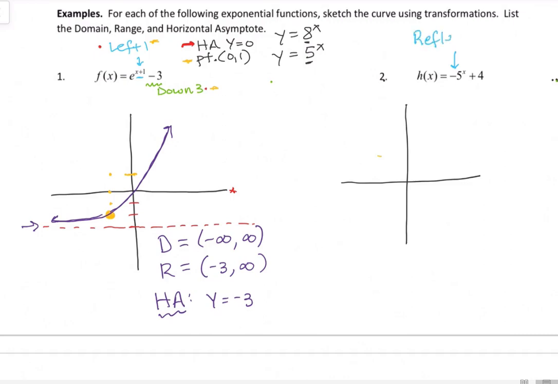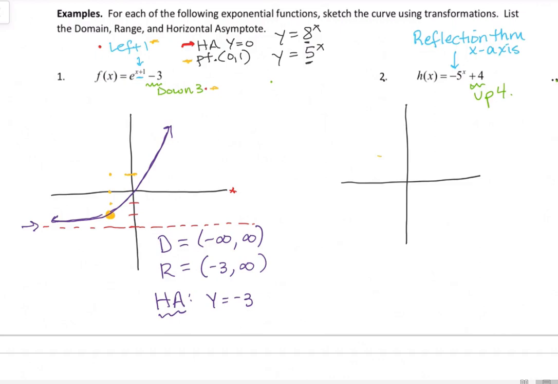And that reflection when it's out front is a reflection through the x-axis. So kind of the idea of flipping upside down. And then my +4 out here is going to move my curve up 4 units.